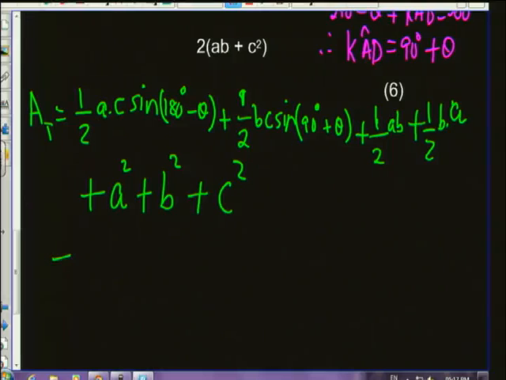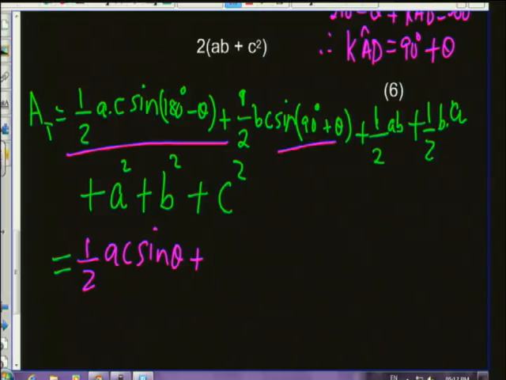Now let's simplify. Looking at the first part, we've got sine of 180 degrees minus theta. 180 minus is the second quadrant and sine is positive, so we get half AC sine theta.